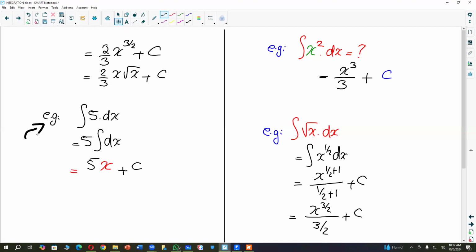Now, integration, like other functions in add math or higher math, has some formal symbols. This is the symbol for integration, along with another parallel thing, dx. These are two formal symbols.